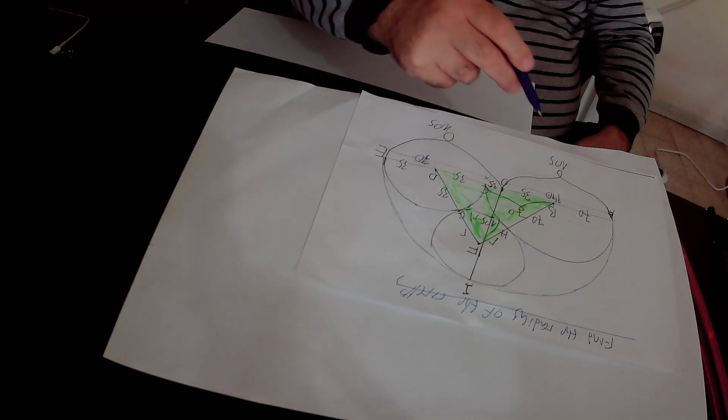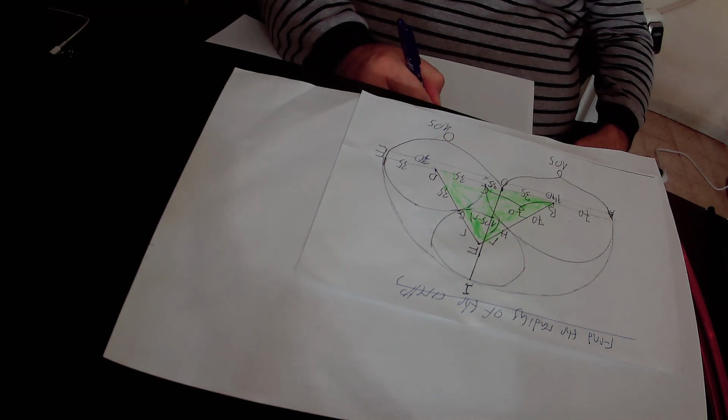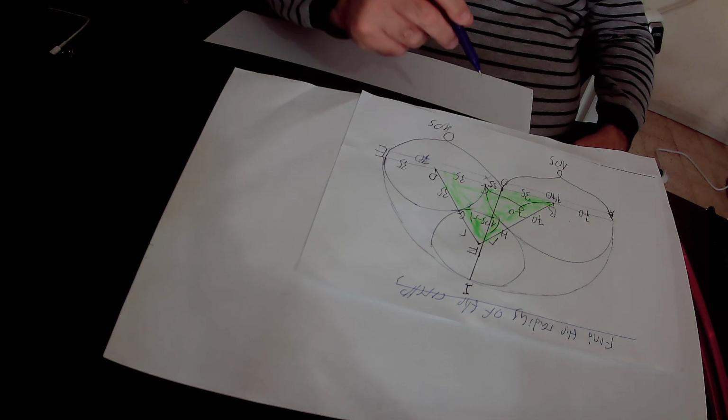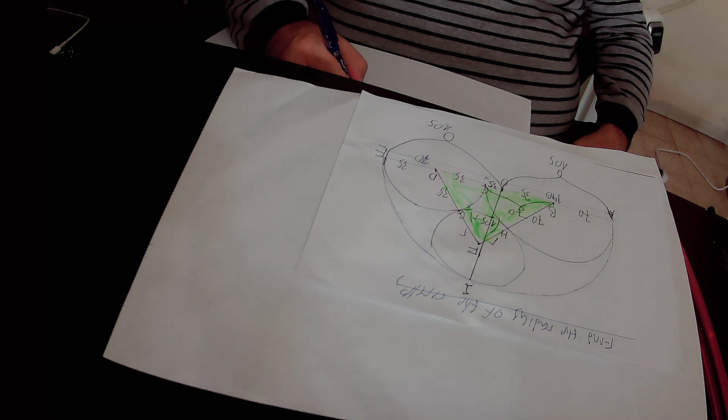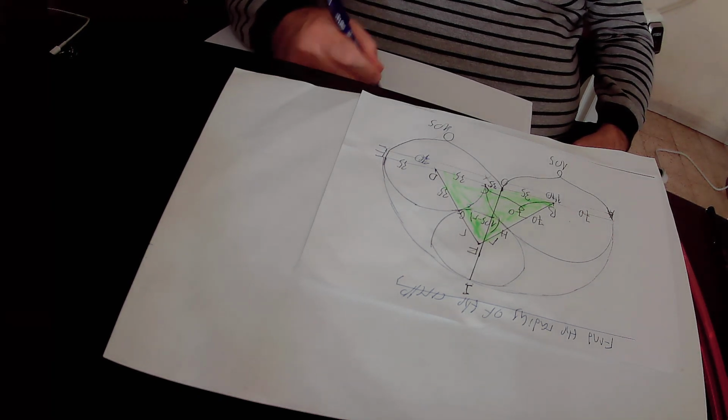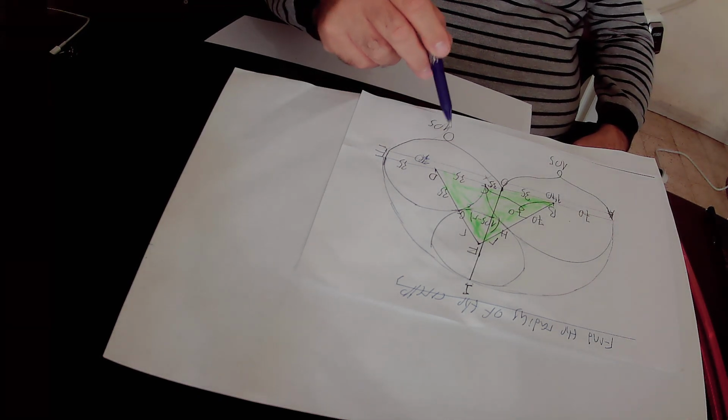Side FB equals 70 plus R units. Side FD equals 35 plus R units. And side BD equals 105 units.